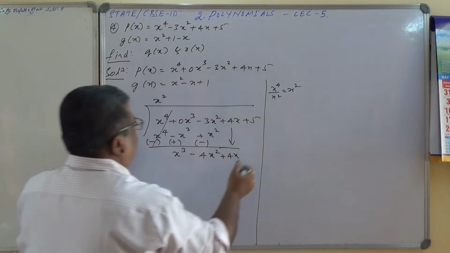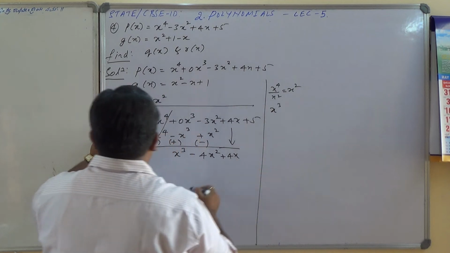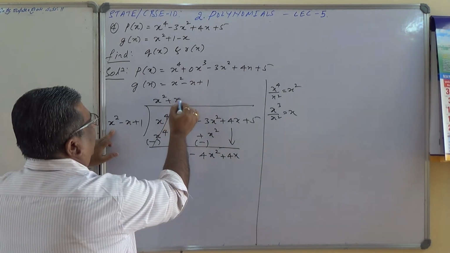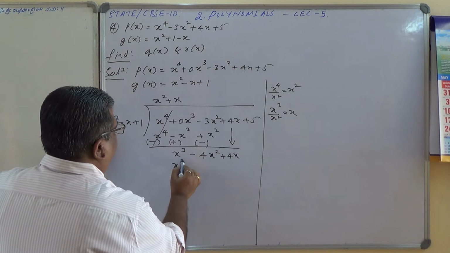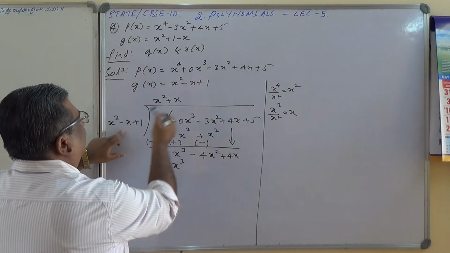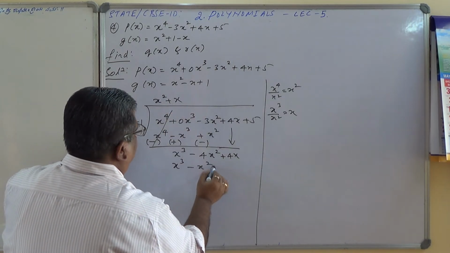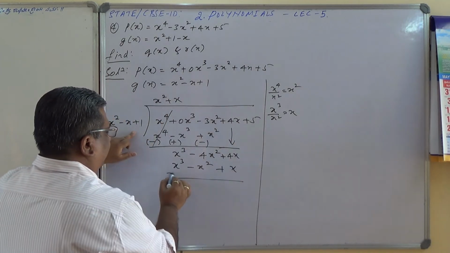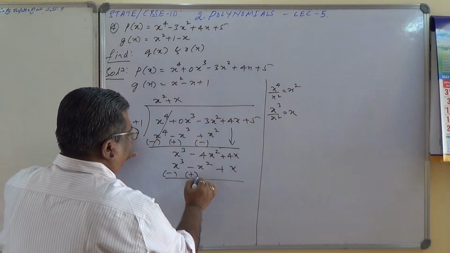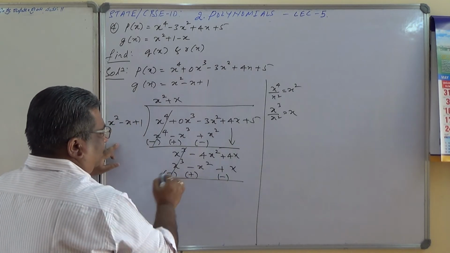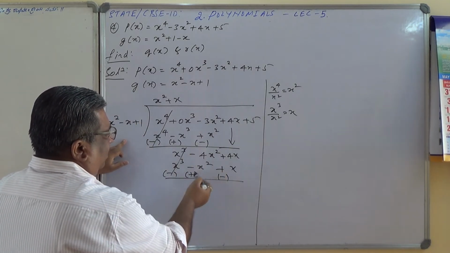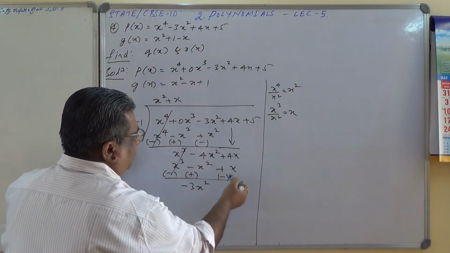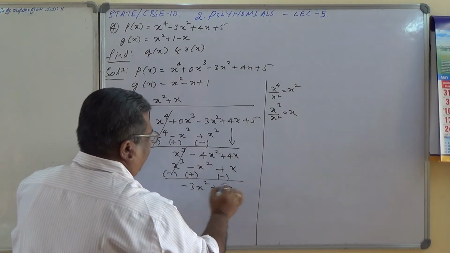Next term of the quotient, x cube divided by x square, which is x, so plus x. x into this gives x cube minus x square plus x. Change the sign, minus plus minus, this will cancel. Minus 4x square plus x square is minus 3x square, plus 4x minus x is plus 3x.